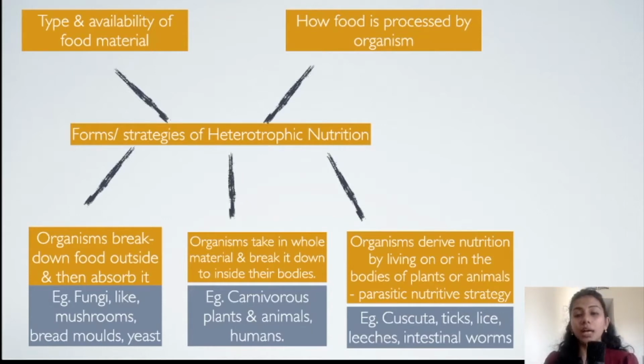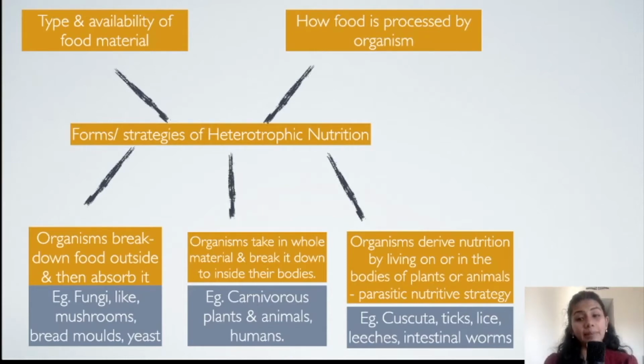The third form or strategy of heterotrophic nutrition is one in which organisms derive nutrition by living on the surface, or inside the bodies, of plants and animals. This is called the parasitic nutritive strategy.